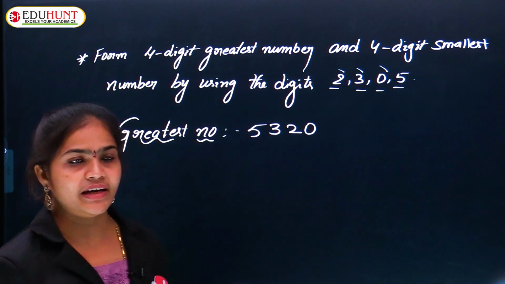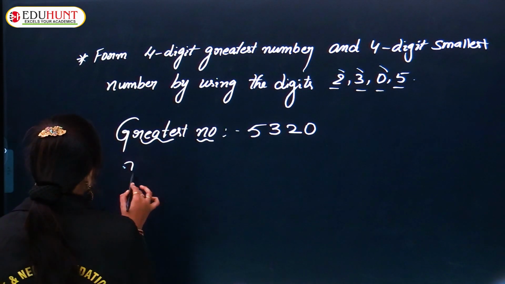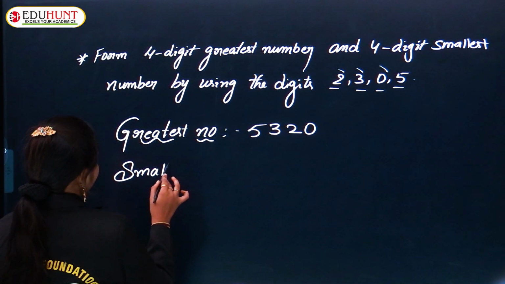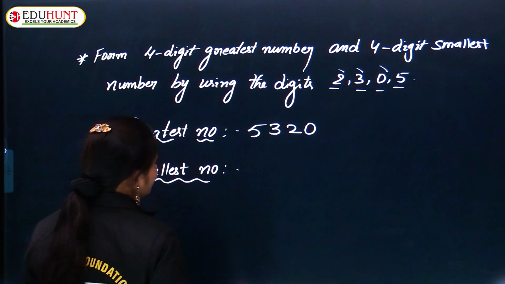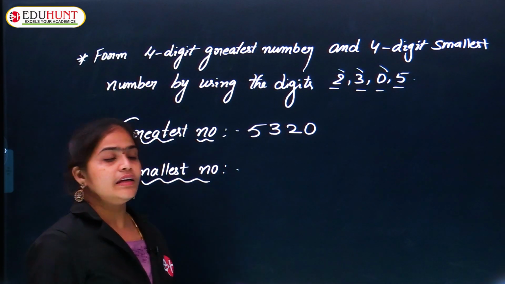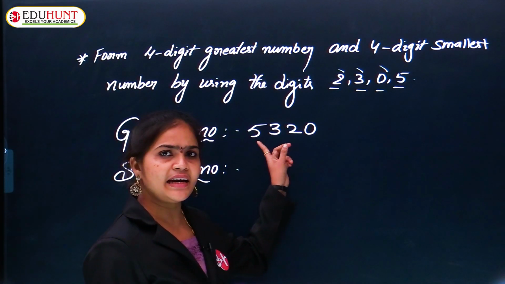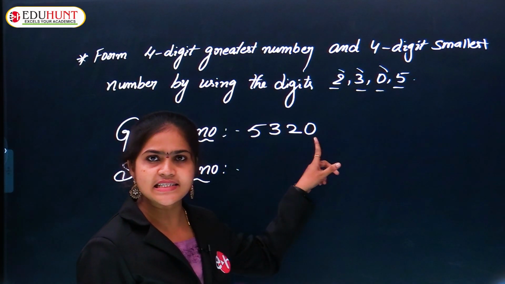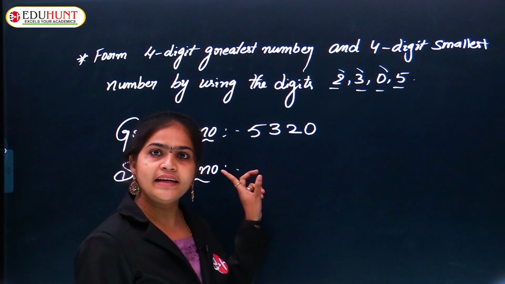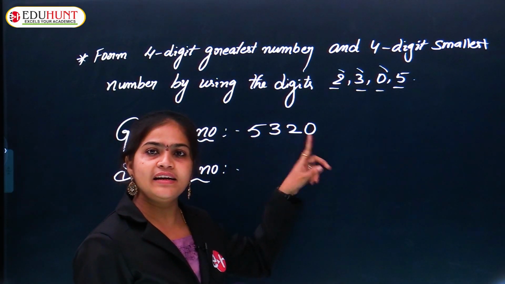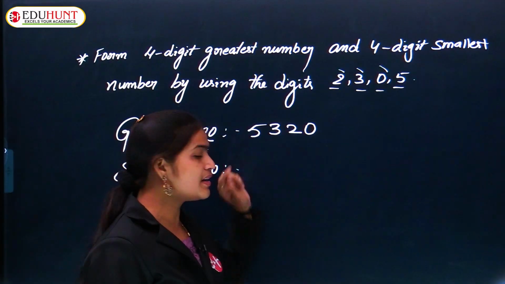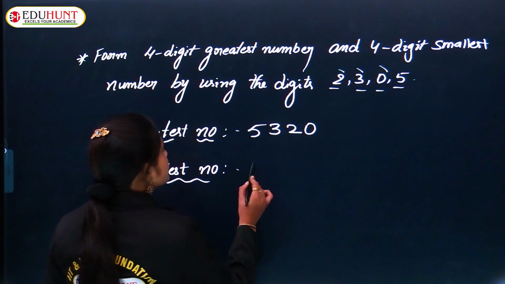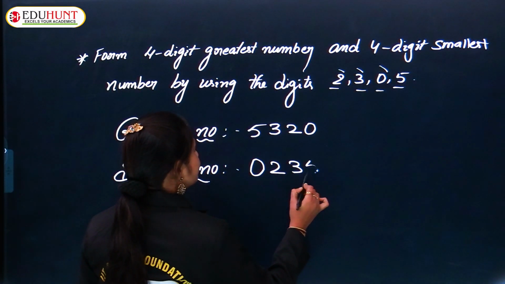And in the same way, the smallest 4-digit number. What I told you ma? If you know how to write greatest to smallest, that is descending order only, no? To write the smallest number, write in reverse order. Reverse order means smallest to biggest. 0, 2, 3, 5.